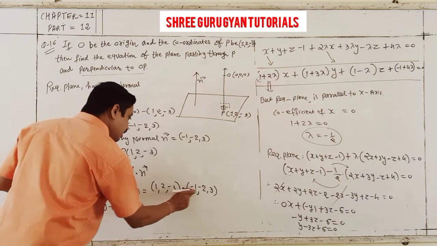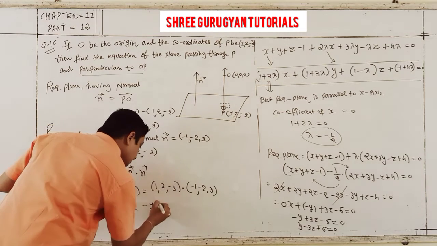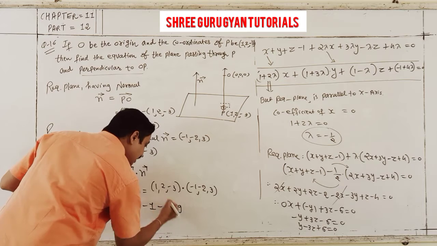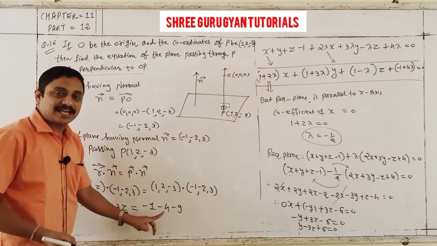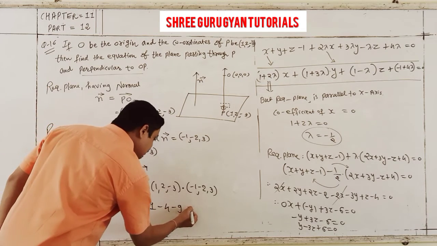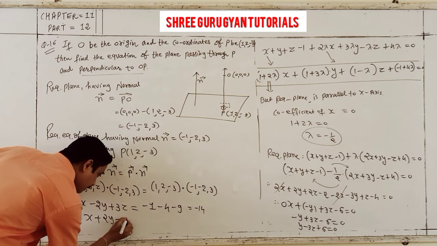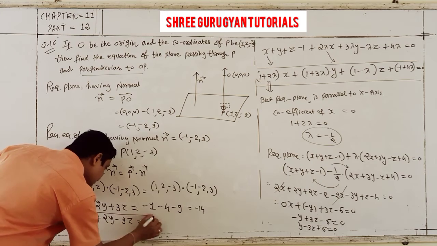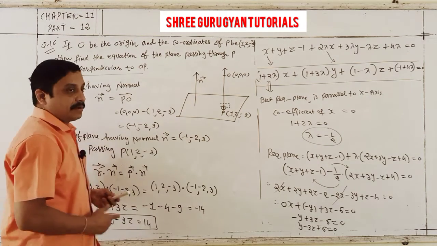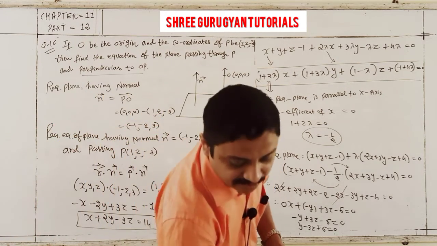And here, students, 1 times minus 1 is minus 1, 2 times minus 2 is minus 4, and 3 times 3 is 9. Minus 1 minus 4 minus 9 is minus 14. Minus common and cancel, overall equal to 14. So x plus 2y minus 3z is equal to 14, and that is easily our question number 16 done.